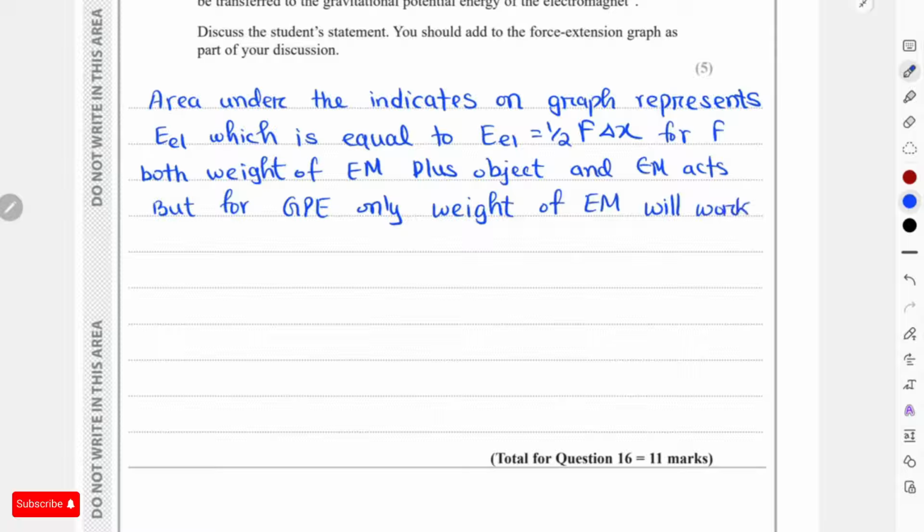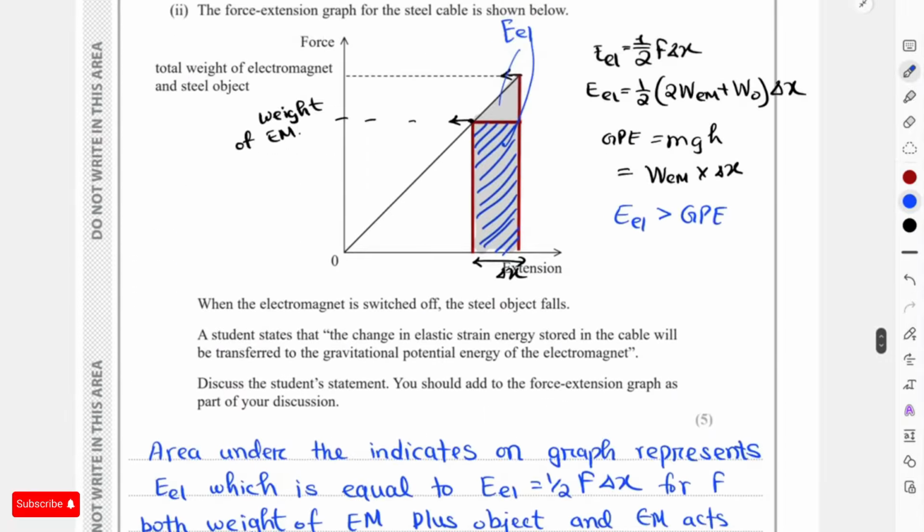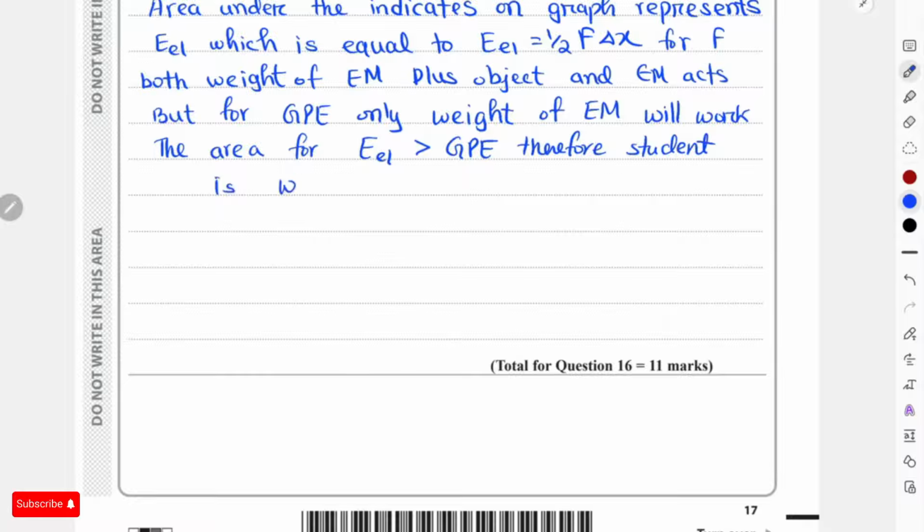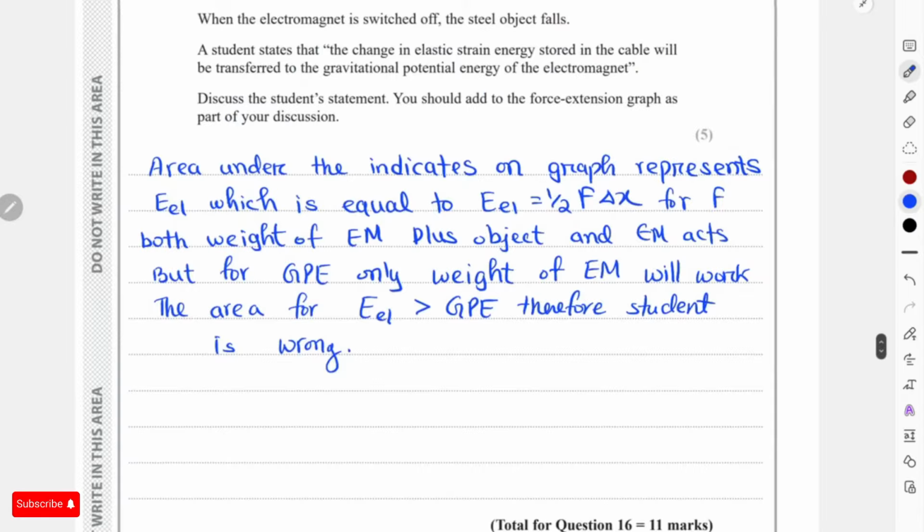Electromagnet will work. Lastly, we'll say that the area under the sections of the graph for elastic strain energy is greater than gravitational potential energy. Therefore, the student is wrong. Okay. So yeah, with this, your question number 16 ends.